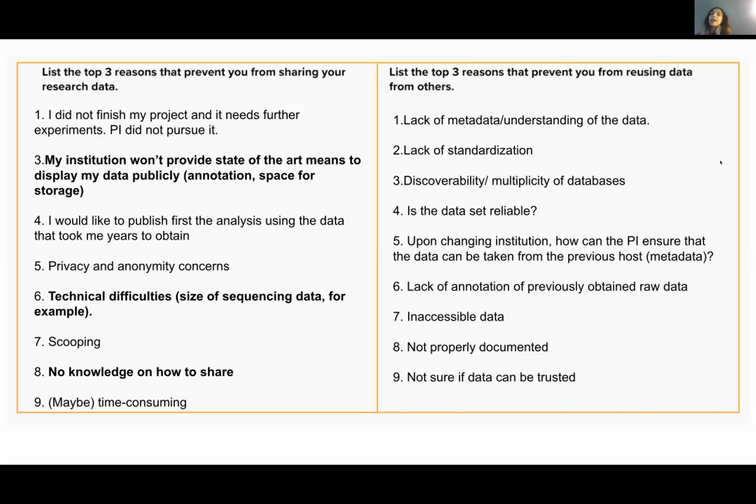But I think that we do currently have a reproducibility crisis in science. There have been many whistleblowers in this area, and I would like to ask if anyone would like to comment on this aspect of trust and reliability of the data that is shared or reused in this case.